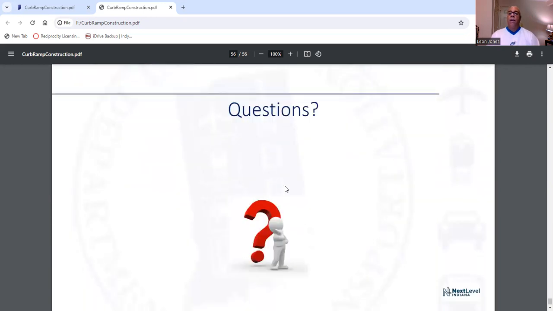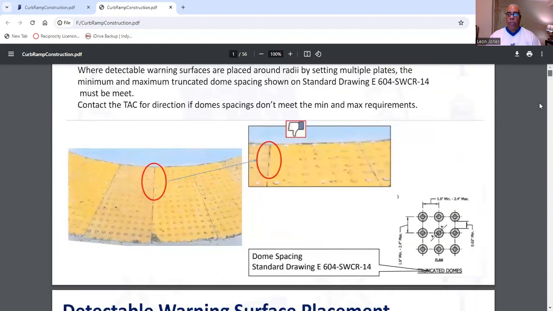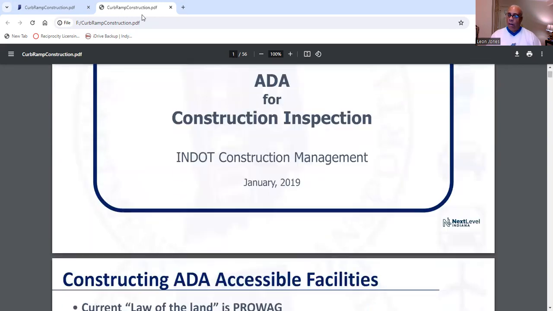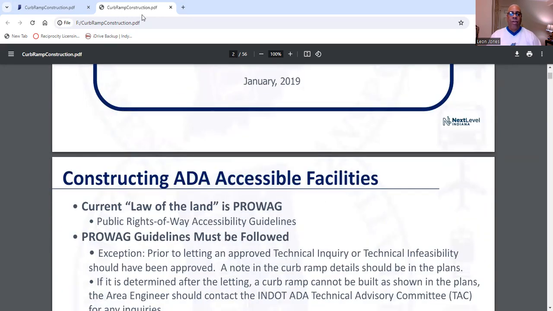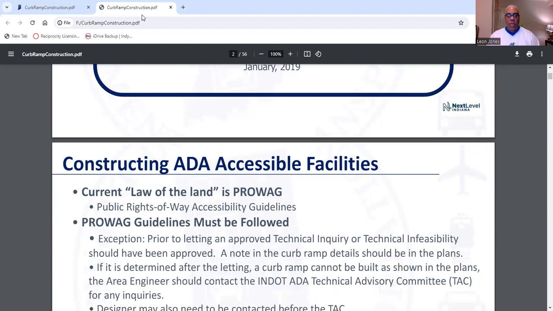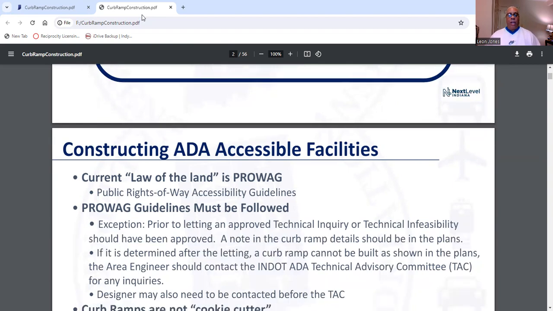And that's it. If you have any questions, put them in the comment section under the video. But again, as we go over ADA, ADA is done under the current PROWAG, which stands for Public Rights-of-Way Accessibility Guidelines, and PROWAG guidelines must be followed. If you need more information, I will provide it for you.